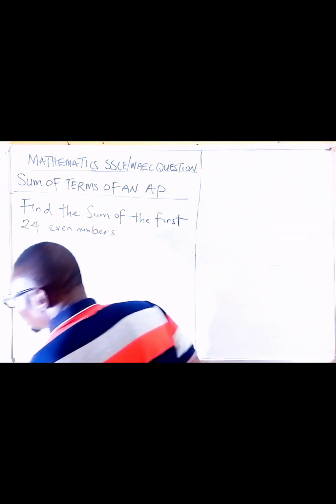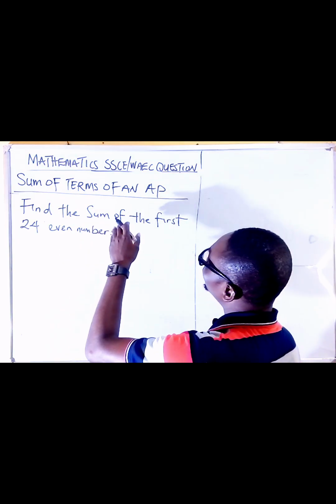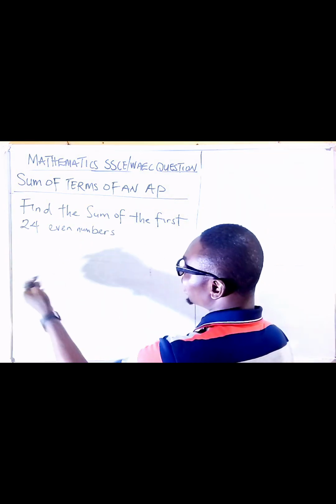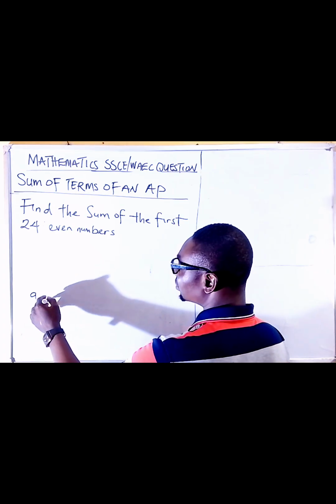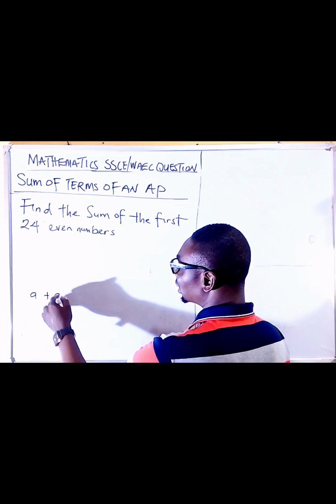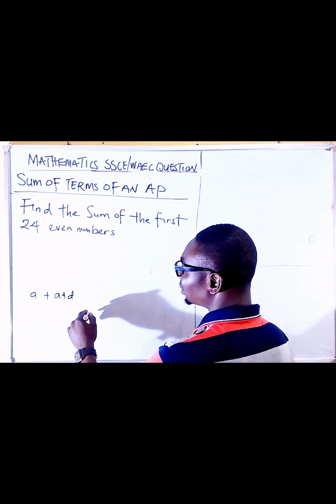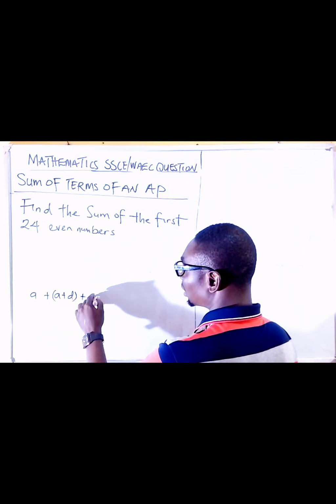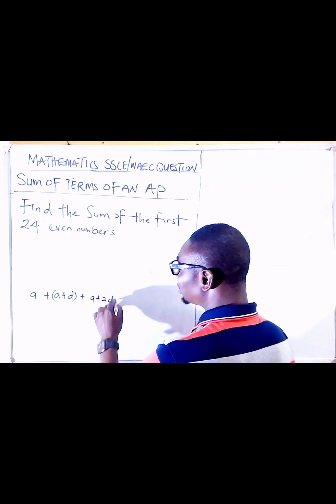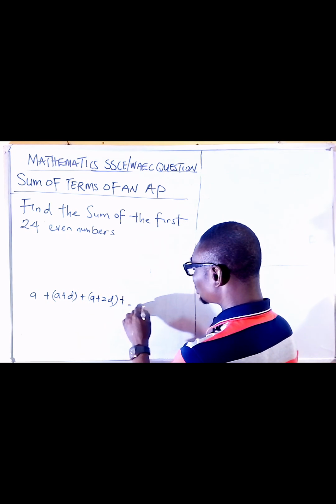Now, the general formula for the sum of terms of an AP is where we have A, which is the first term, plus the second term, which is A plus D, plus A plus 2D, which is the third term, plus dot dot dot.